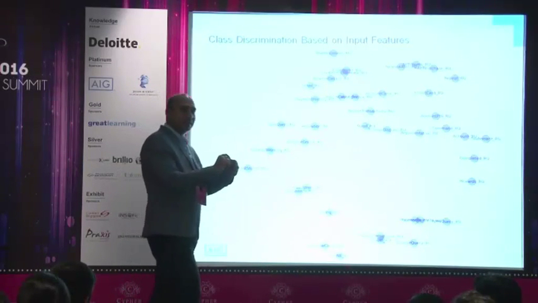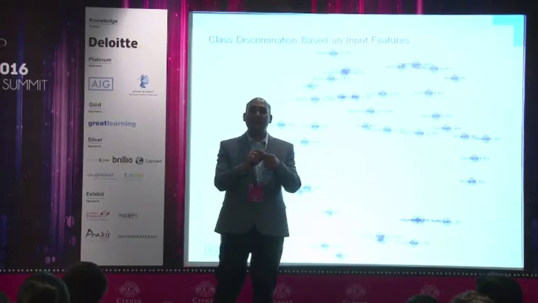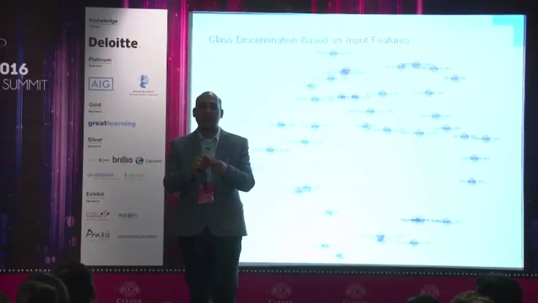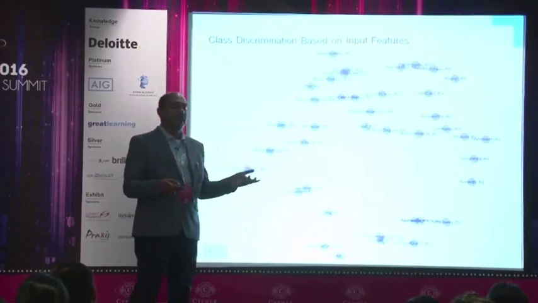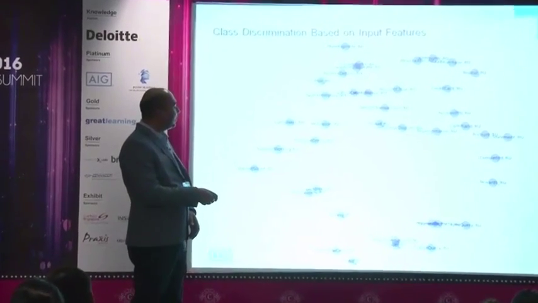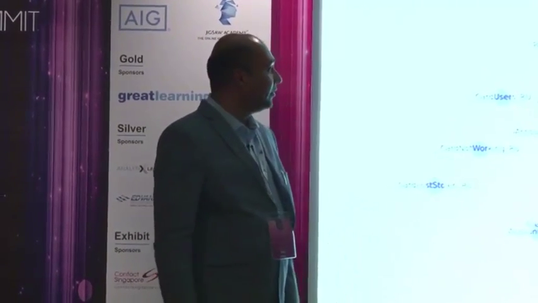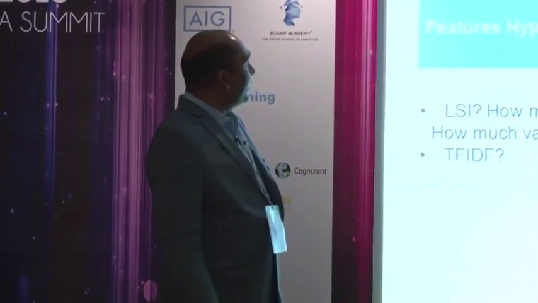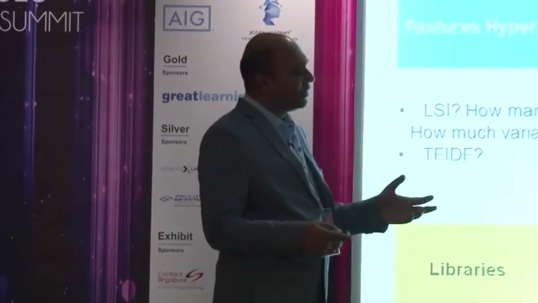Two classes which are very close to each other. That basically means the underlying feature vector was not able to discriminate these two classes. I may need more data, I may need newer features, something like that. Our account PIN feature sits over here, fairly separable, so I can say, okay, I have enough discriminative features for that intent. The other problem can be how do I fine tune this data and stuff like that.